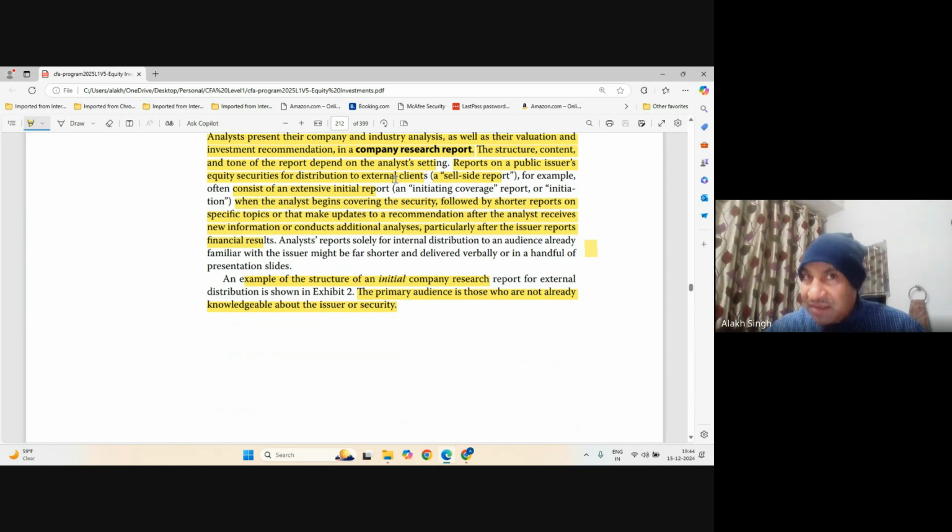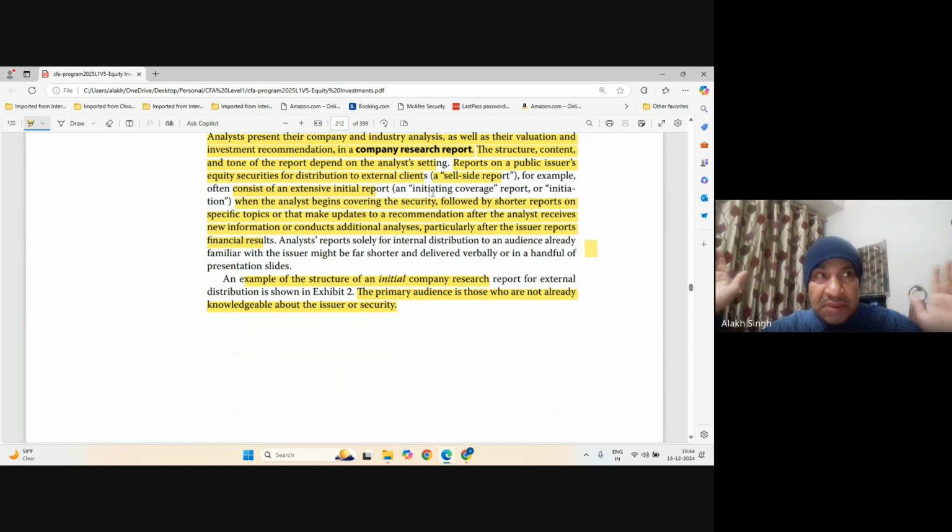On the buy side, the company portfolio manager or the CEO will be your boss definitely. But if you are a sell side researcher, then you are your own boss, and it is you who can attract as many clients as you can by your report. And that consists of an extensive initial report.